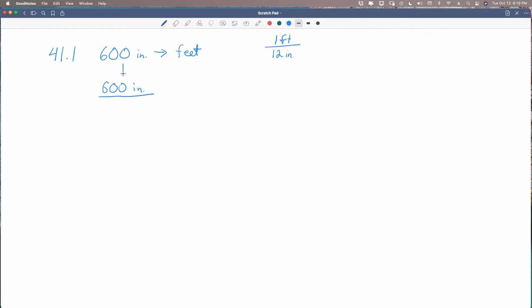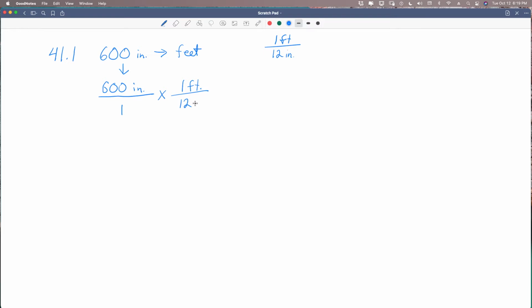So we turn this into a fraction, and then we use our unit multiplier. And remember, inches is on the top, so we want to put inches on the bottom so we can cancel or factor out the unit of measure so we can turn it into feet. And let me explain.